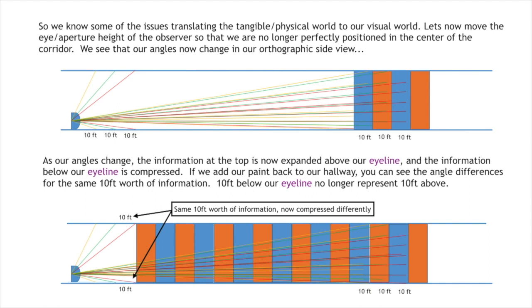As our angles change, the information at the top is now expanded above our eye line, and the information below is now compressed. If we add our paint back to our hallway, you can see the angle differences for the same 10 feet worth of information. 10 feet below our eye line no longer represents the same 10 feet above.